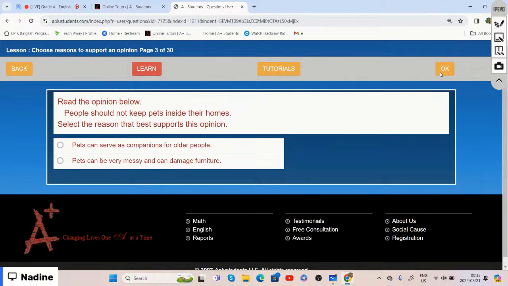And we need to select the reason that best supports this opinion. Is it because pets can serve as companions for older people, or pets can be very messy and can damage furniture?